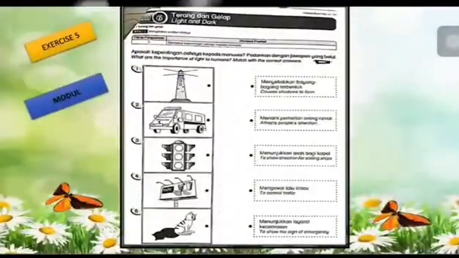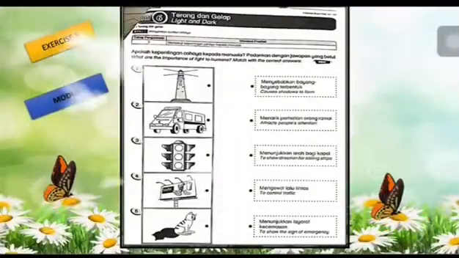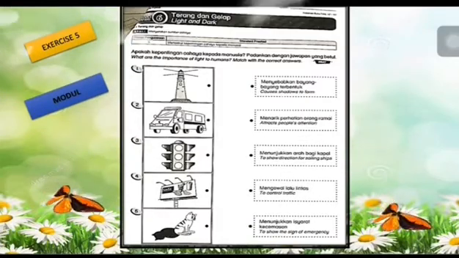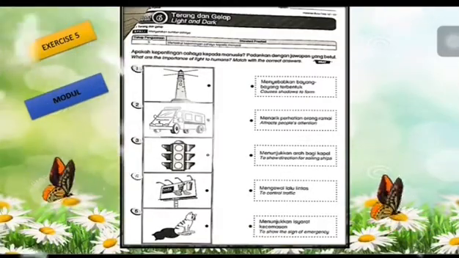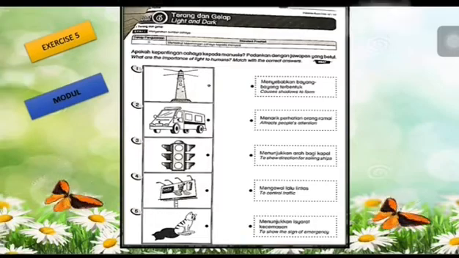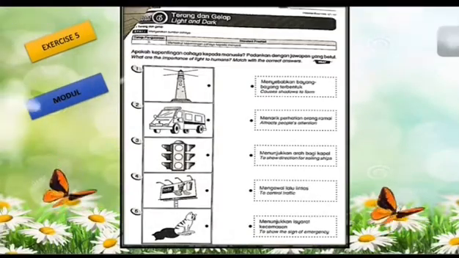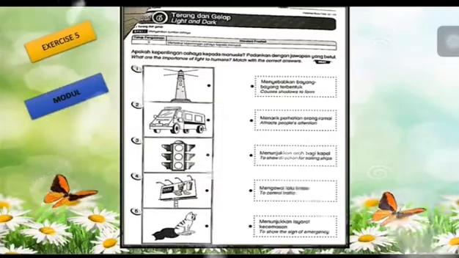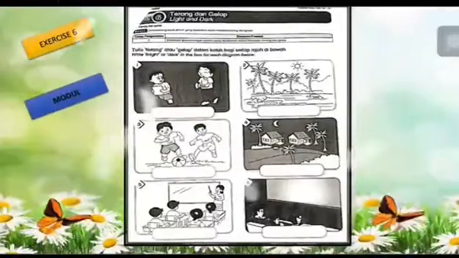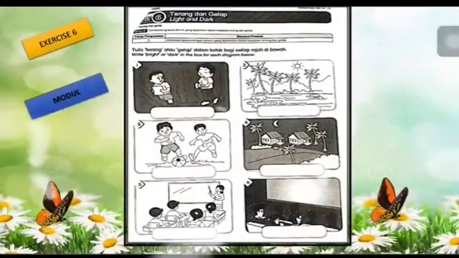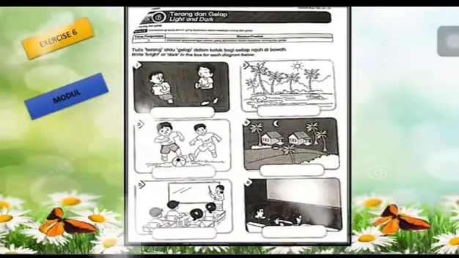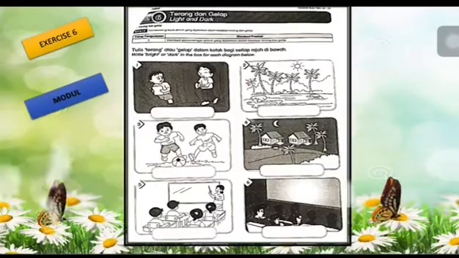Okay, then let's go to your exercise 5. This one is in your module, in your exercise book. Unit 6, you have to find out what the importance of light to humans is. Then exercise 6, also in your module, you write bright or dark in the box for each diagram below.